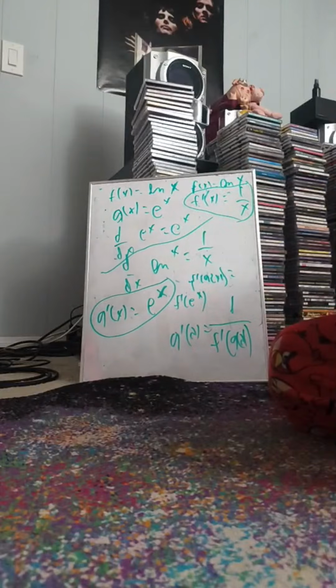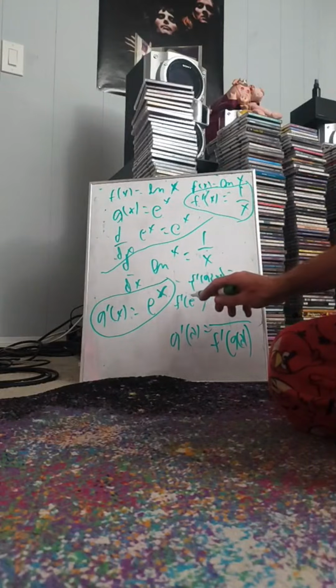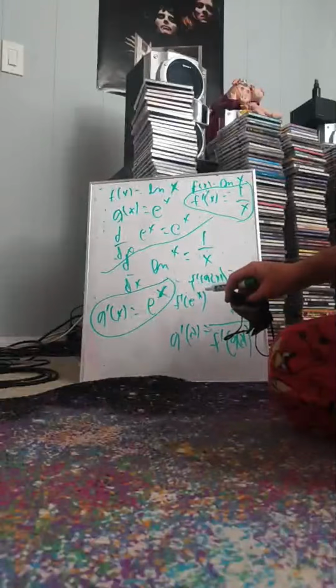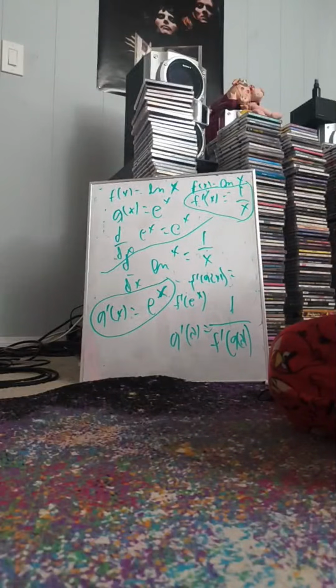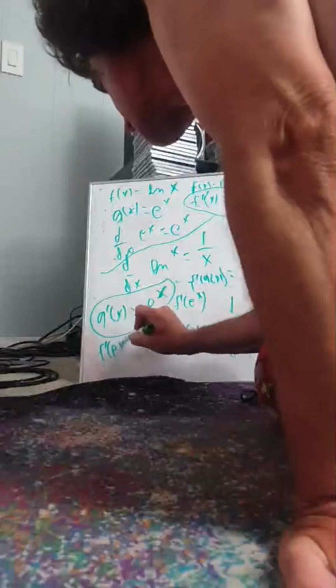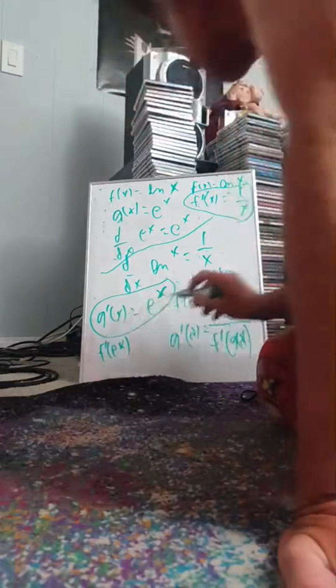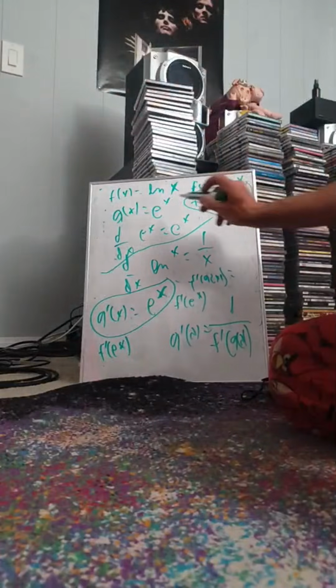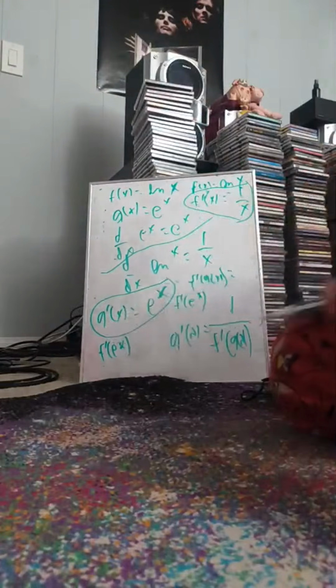F is logarithm of x. Since you want f prime of g of x and g of x is e to the x, you want f prime of e to the x.